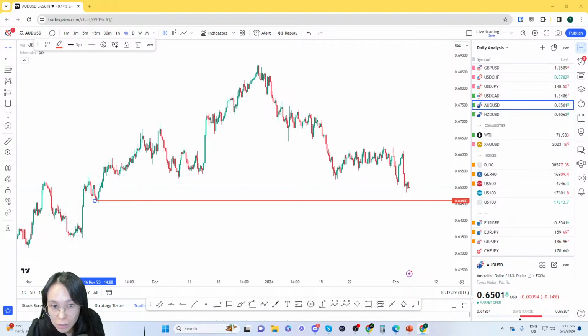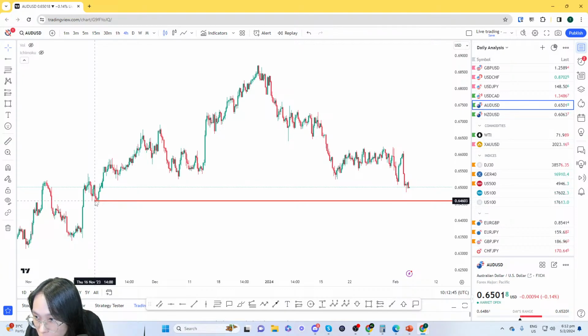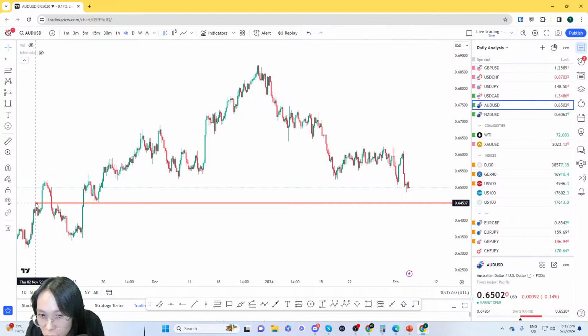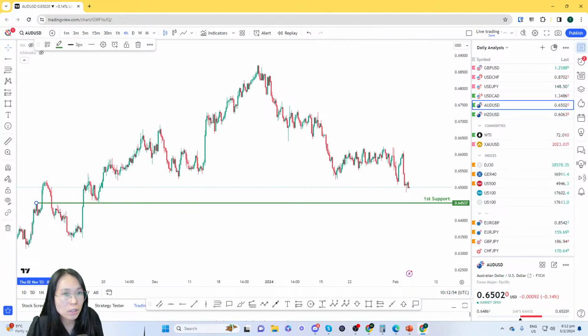Give me a second while I look at the candles. In lack of a better support, I'll be using this for my first support. Along the way, I will see if there is any better support level.